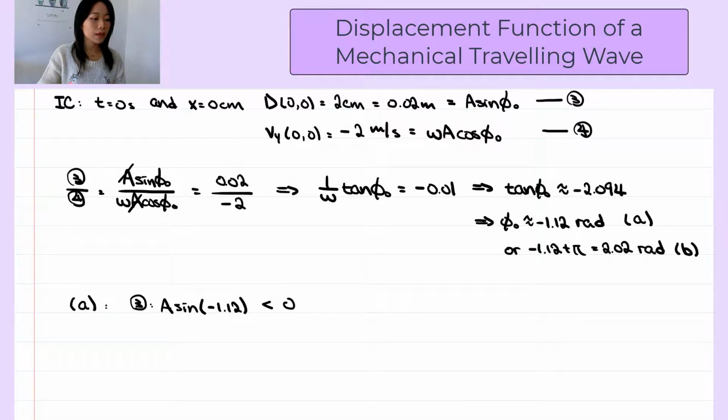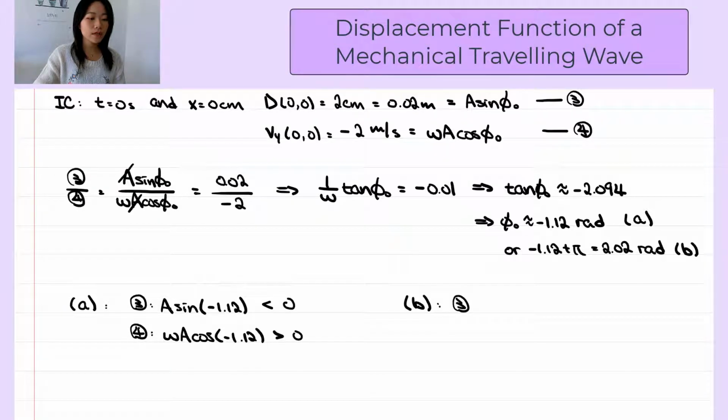We can also check with equation 4. We substitute phi naught equals -1.12, we get angular frequency times amplitude times cosine of -1.12, and we get a positive value.